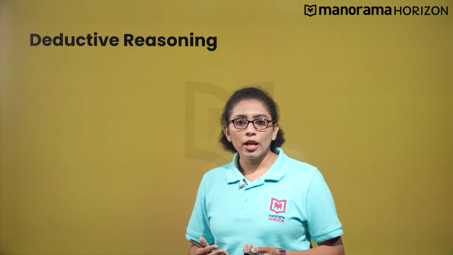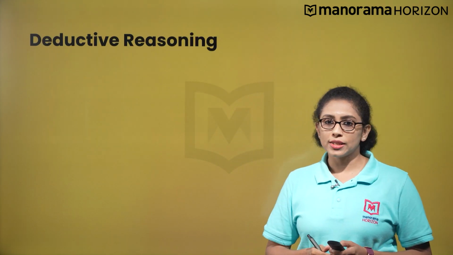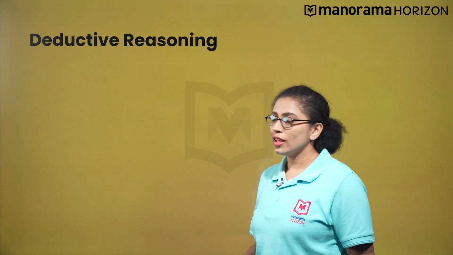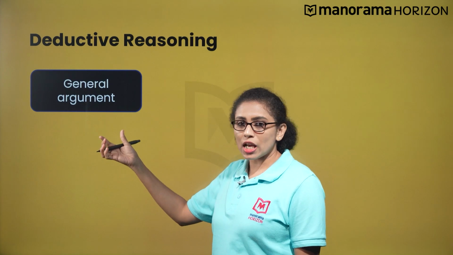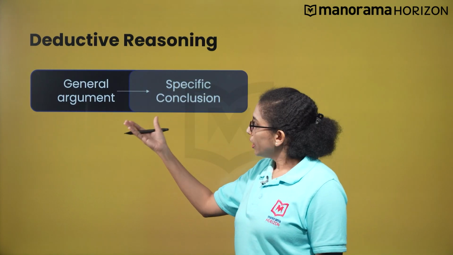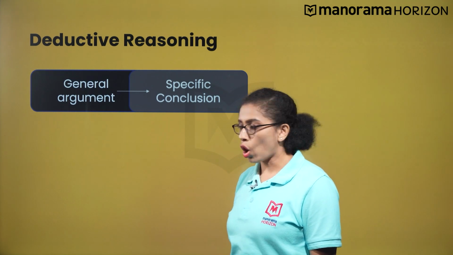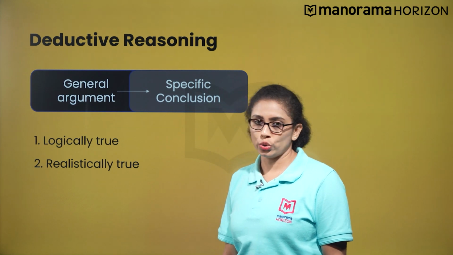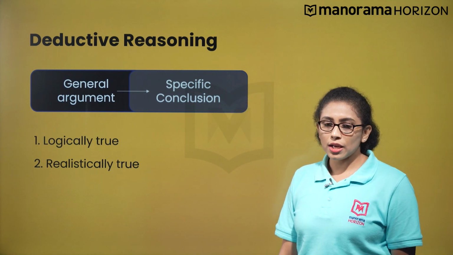On the other hand, we have deductive reasoning. It is unlike inductive reasoning. In deductive reasoning, specific conclusions are drawn from general arguments. Deductive reasoning is logically true as well as realistically true. Consider the statements.